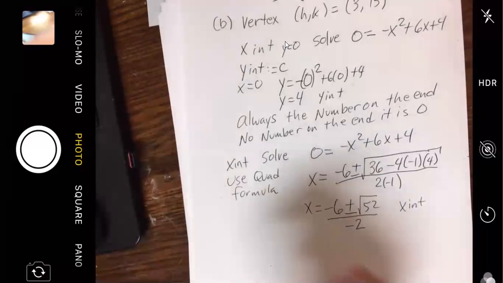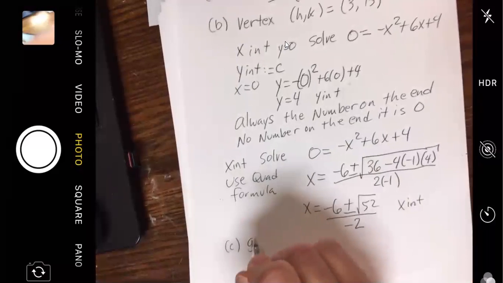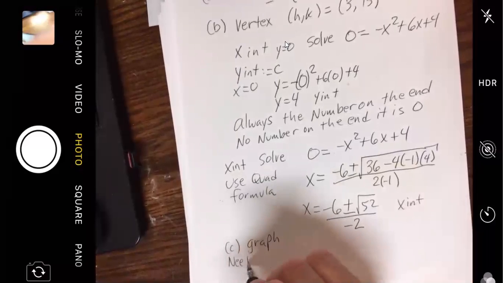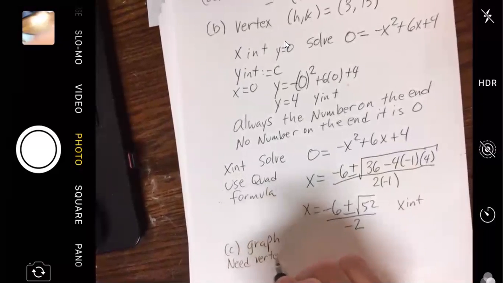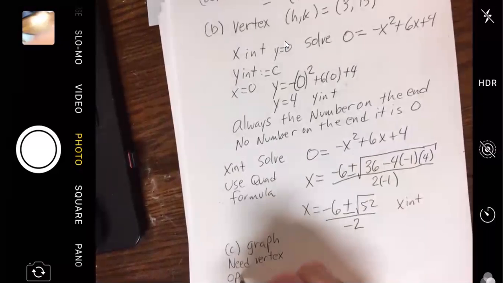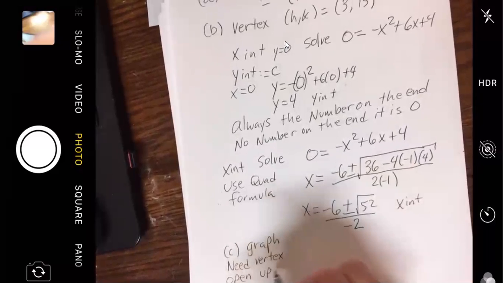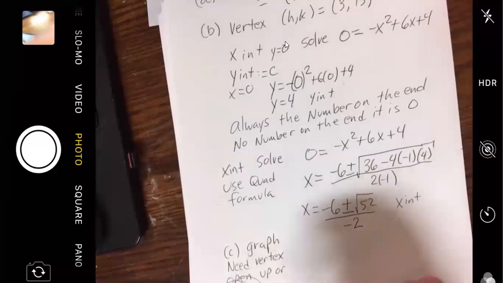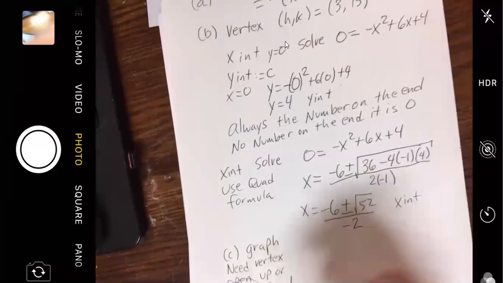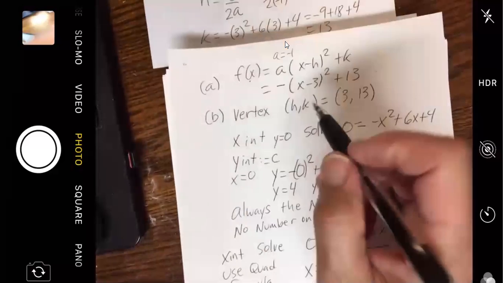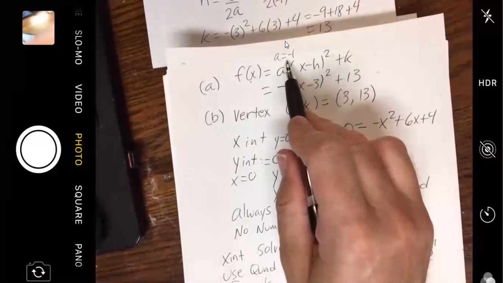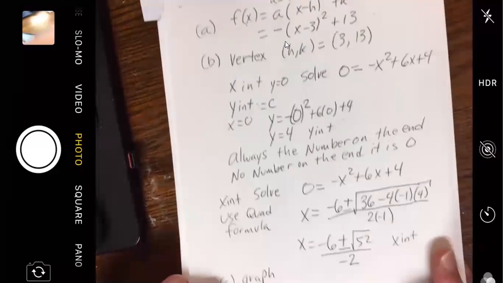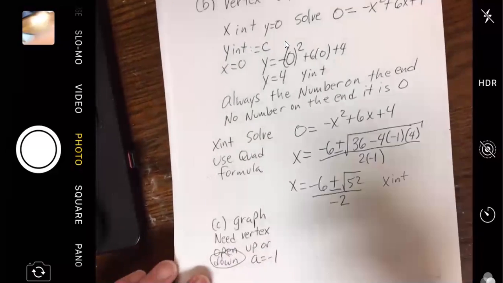We want to sketch a graph in C. That means you need the vertex and whether it opens up or down. And this one opens down. That's because the a equals negative 1 on this one. This says it opens down. Covered all this at 12 very thoroughly.